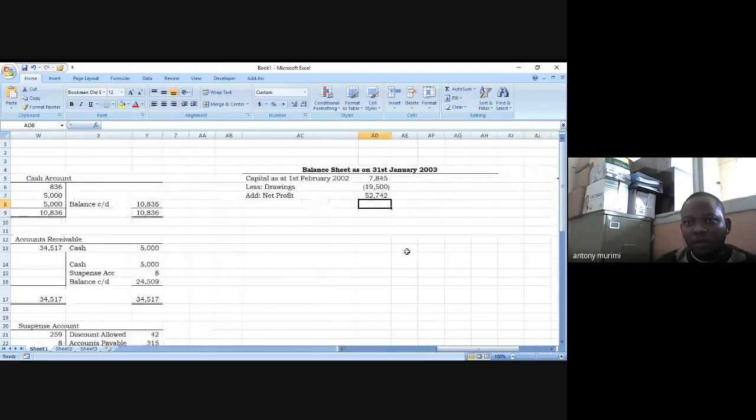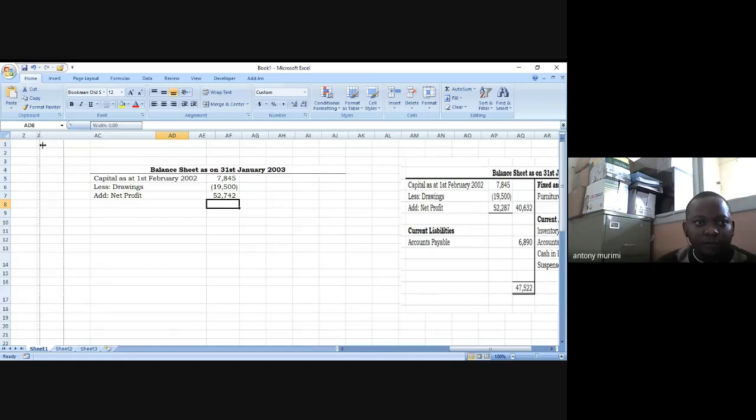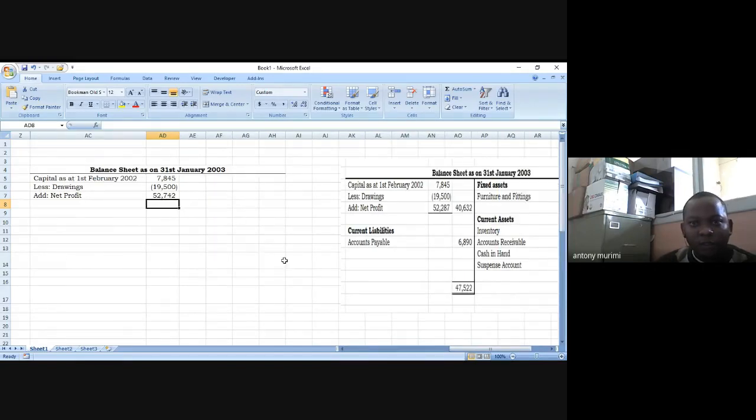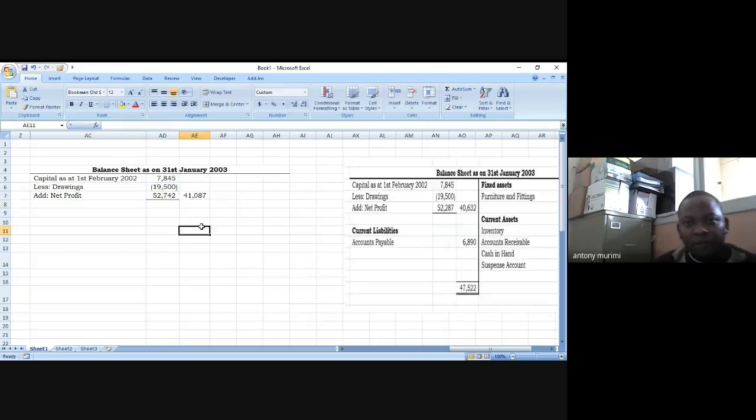So that's our net profit. So the closing balance of capital in this case shall be opening capital minus drawings plus net profit. So our closing balance of capital is 41,087.